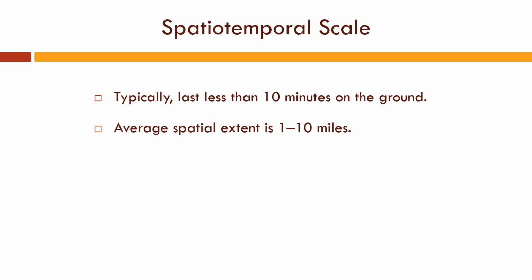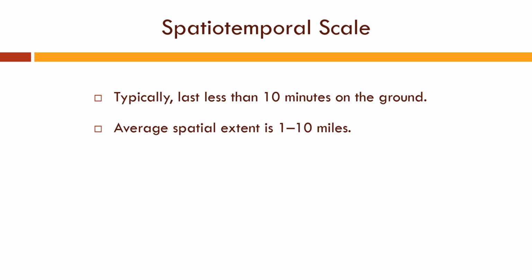If we look at the spatiotemporal scale of tornadoes, these are considered mesoscale systems. They're kind of middle of the road. They can vary in size and strength, but they're usually pretty short-lived. They only last maybe a few minutes.